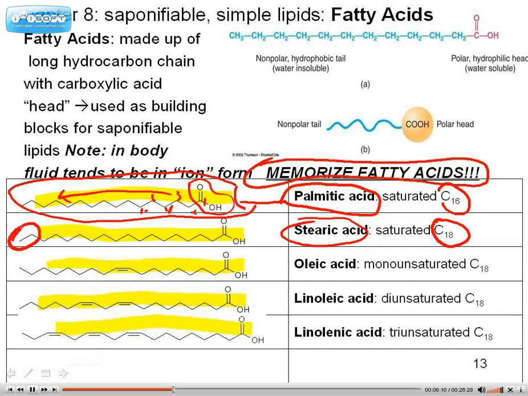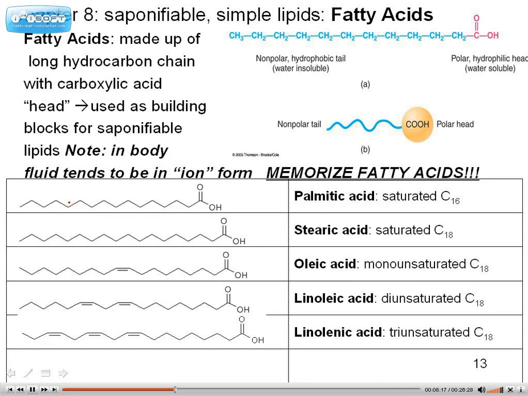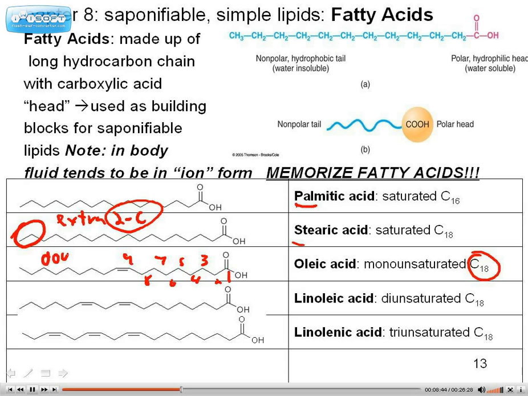So the only difference between palmitic and stearic acid is these extra 2 carbons that you see right here. Oleic acid has 18 carbons. The only difference is if you count down to carbon 9, you would find a double bond.